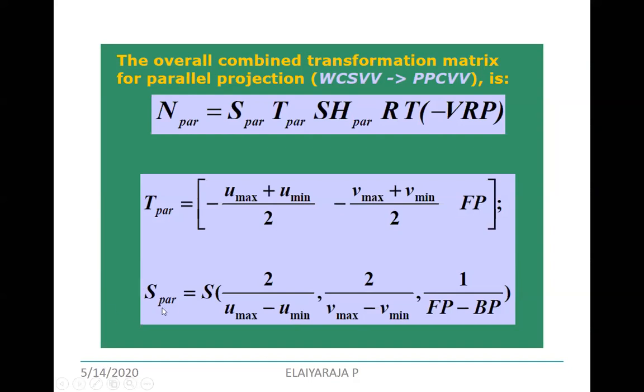With respect to scaling, you do scale of 2 divided by u max minus u minimum, which means with respect to x, x2 minus x1. Similarly, with respect to the viewport coordinates, with respect to y, y2 minus y1, comma, 1 by front plane minus back plane. Front plane and back plane say about the depth value.